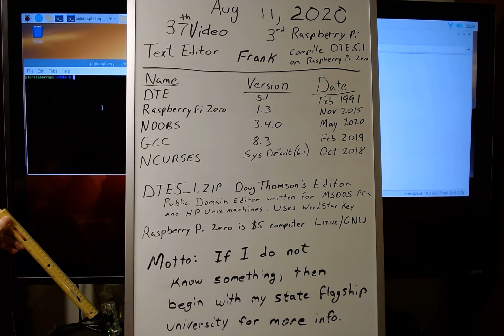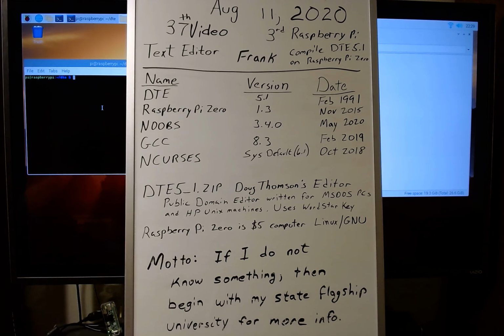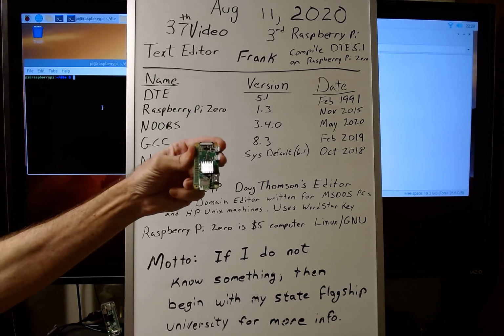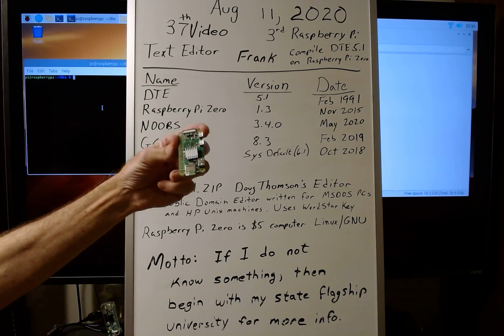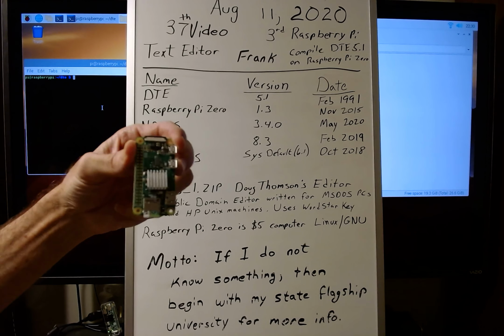There's my Raspberry Pi Zero right there. It's a $5 computer running Linux. That's a Raspberry Pi, and I've got a USB dongle for my Wi-Fi. This is a Raspberry Pi Zero W, and this one has the Wi-Fi built in.